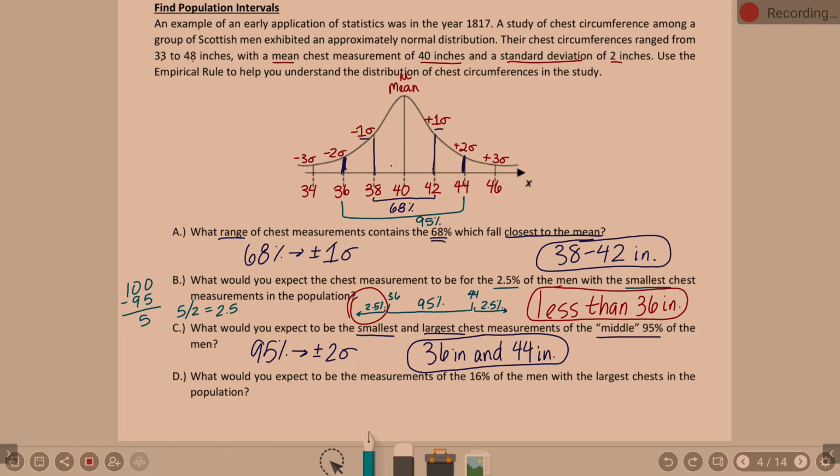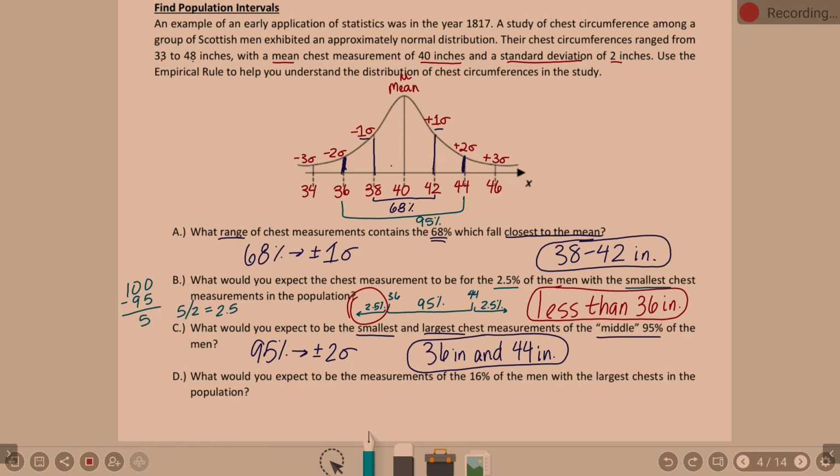And so that's how I got my 42. Anything larger than 42. Were you kind of tracking with that? Yeah.